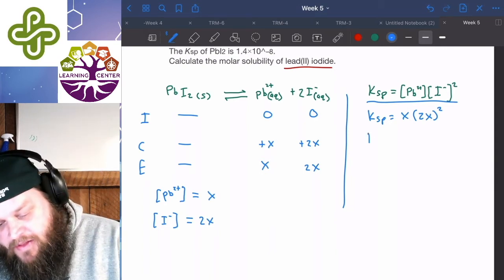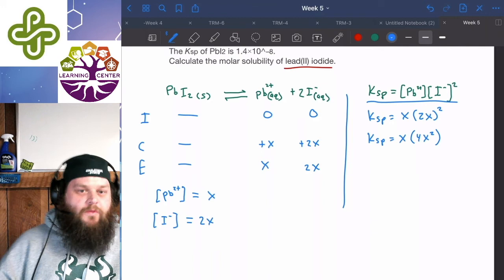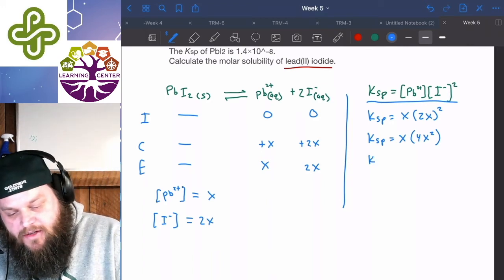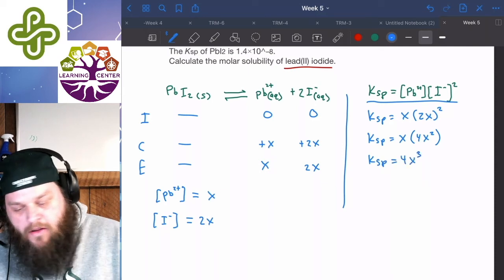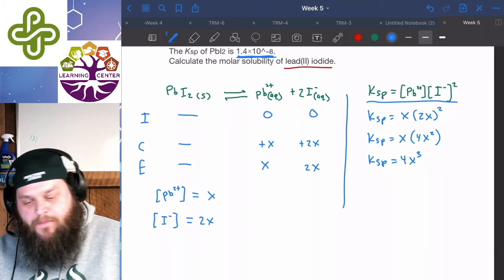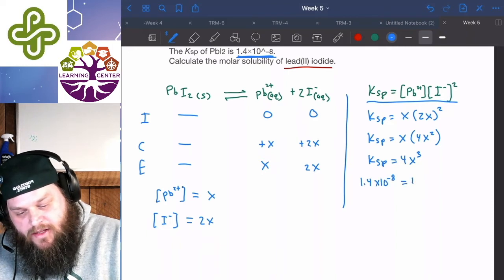So I can rewrite that KSP is equal to X times 4X squared. So 2 times 2 is 4. And then doing this multiplication, I can see that KSP is going to equal 4 times X to the 3rd power. And then we just need to plug in the value they gave us for KSP. 1.4 times 10 to the -8 power is going to equal that 4X cubed.